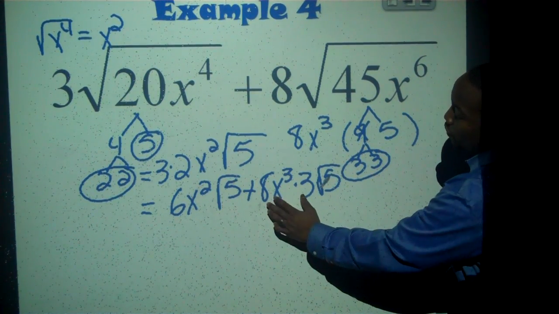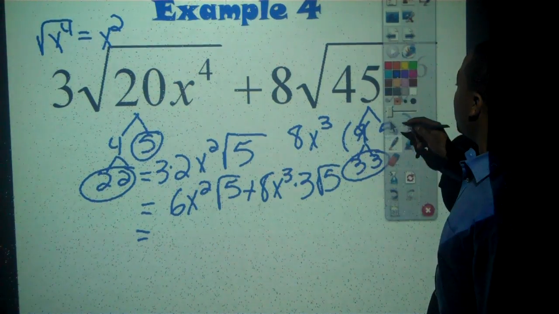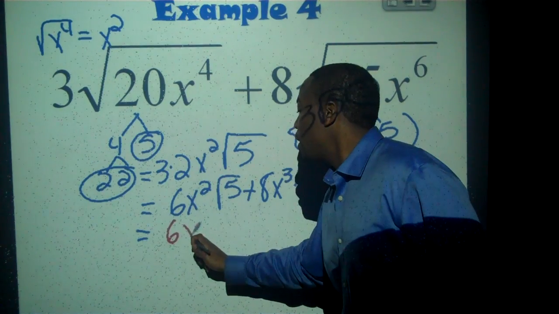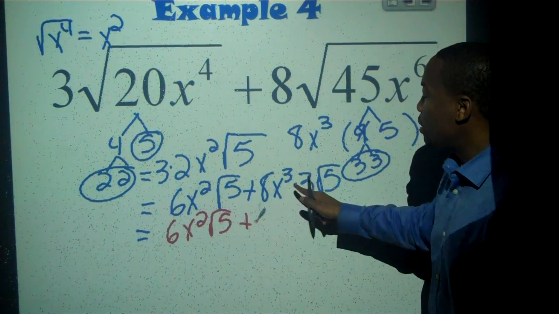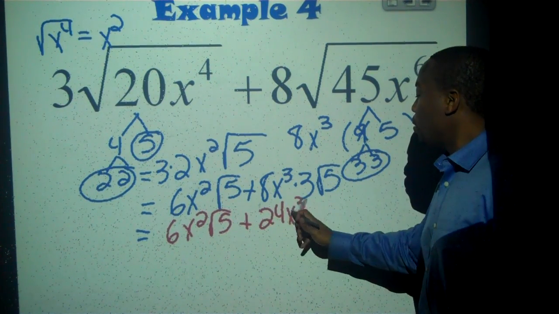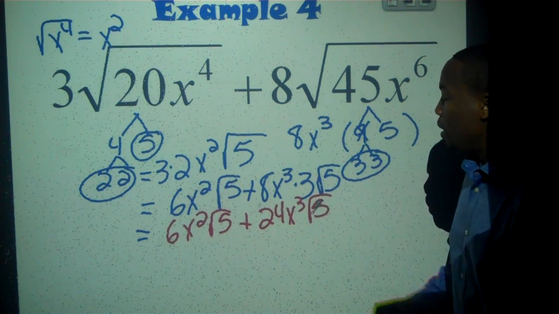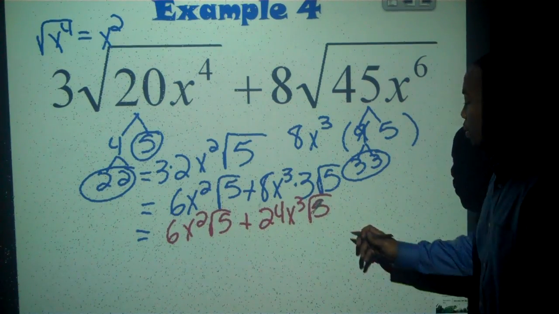So now I'm going to simplify this right here, and let me change color for a second. I'm going to end up with 6x squared root 5 plus 8 times 3 gives me 24x to the third root 5. Now I have these two, and since these are the same, I can add them together.